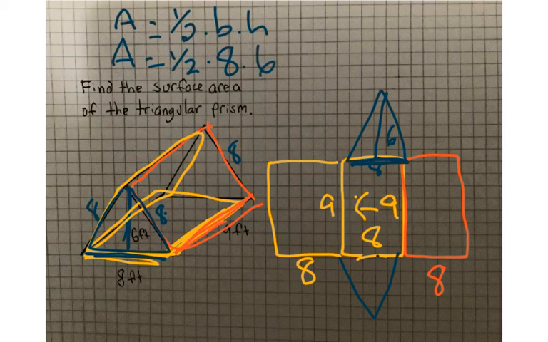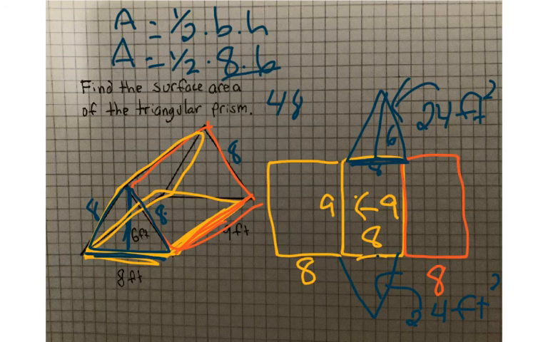So our 8 times 6, sorry, I'm out of space here, is 48, and half of 48 is 24. So 24 square feet for this triangle, and 24 square feet for this triangle.